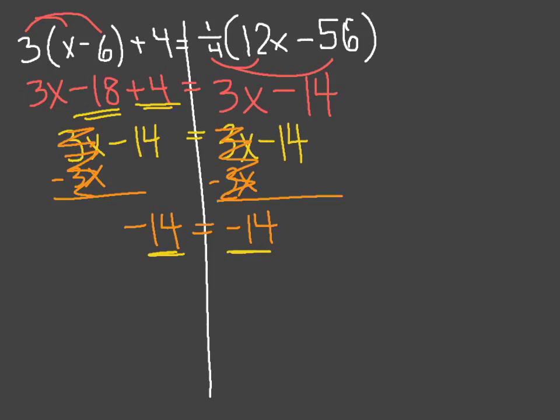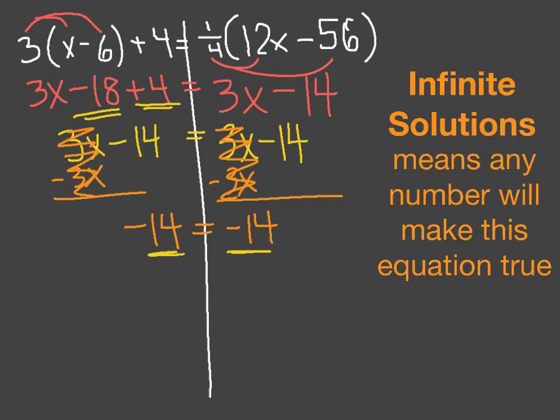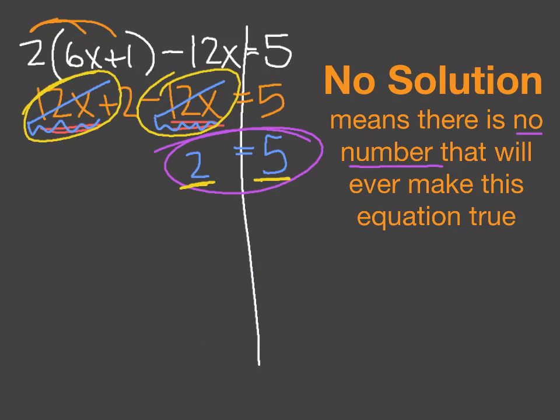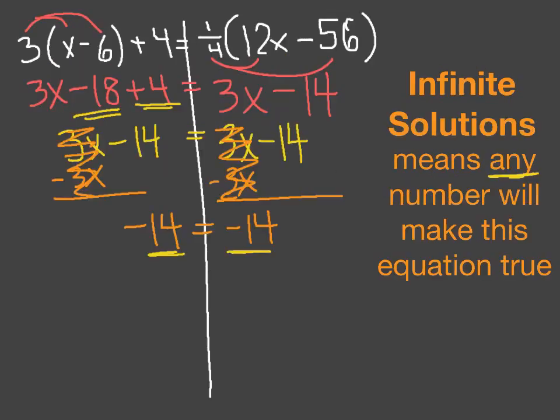Negative 14 is negative 14. So this is my last type of solution, known as infinite solutions, which means that any number will make this equation true. So example 2 was no solution, which means that no number will make the equation true. And infinite solutions is that any number in the entire world will make the equation true.